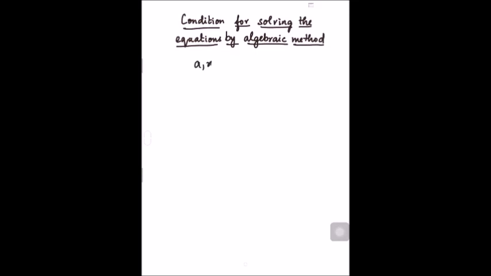The pair of linear equations are a1x plus b1y plus c1 is equal to 0 and a2x plus b2y plus c2 is equal to 0.